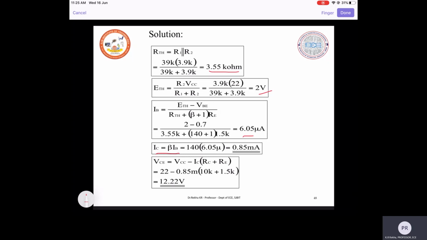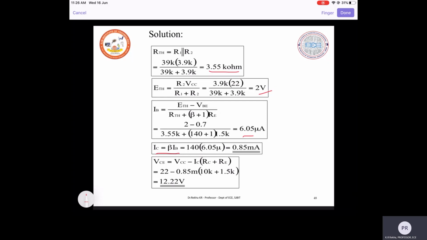So similarly, by the equation, do it slowly. RTH is equal to R1 parallel with R2, 39K. So VCE is equal to VCC minus IC into RC plus RE. So 10K plus 1.2K, and 12.22 volts.